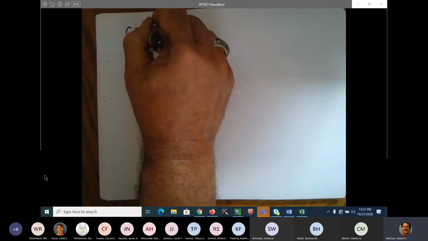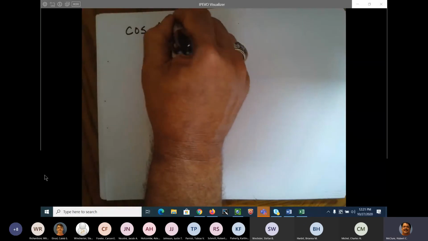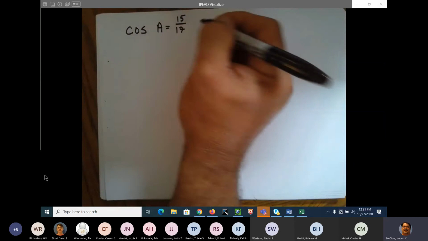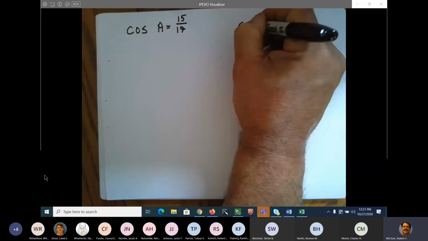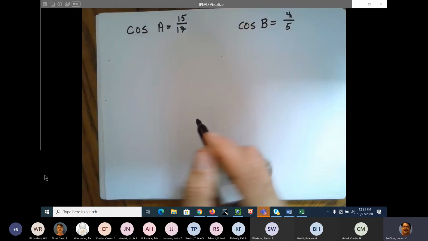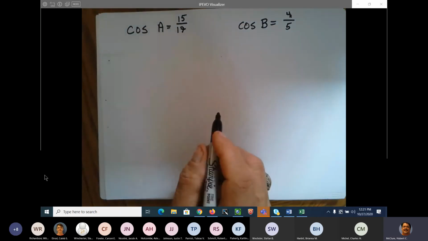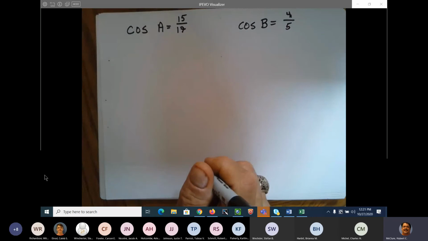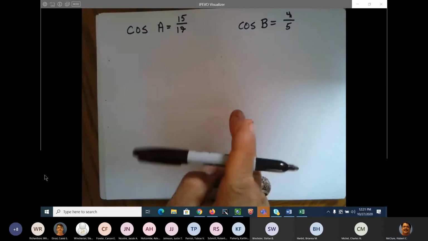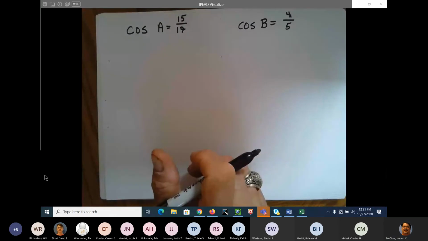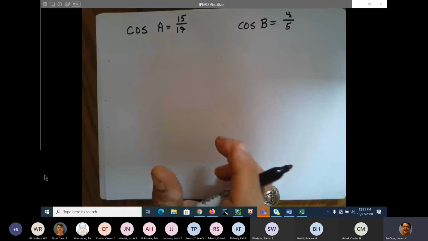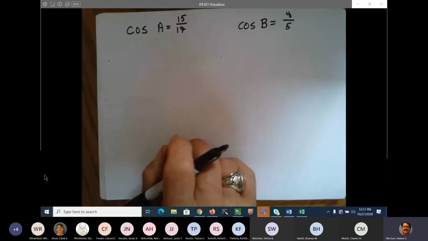Cosine of A is equal to 15 over 17. Cosine of B is equal to 4 over 5. Now, if you have the cosine of something, what can you do to find out where you're at? What can you do with the cosine of 15 over 17?